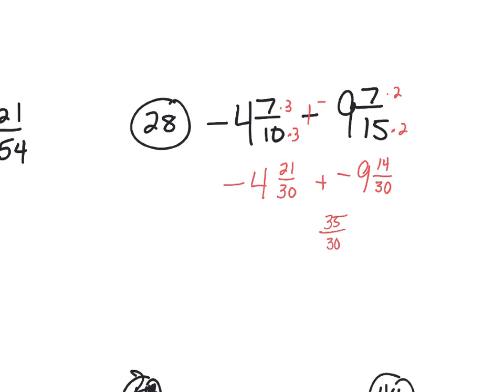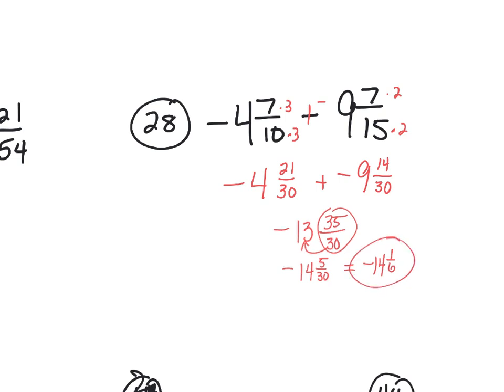And negative 9 and negative 4 is negative 13. Does that even look right? No, this is more than 1, so we got to bump that one up. It makes it negative 14 and 5 over 30, but 5 over 30 is not reduced, so you get negative 14 and 1/6.